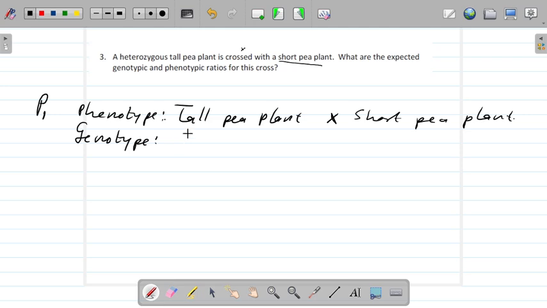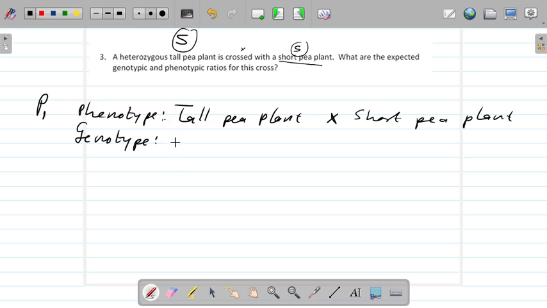Here, we are using a letter. This time let's use S. Big S will be for tall, and then small letter s will be for short.